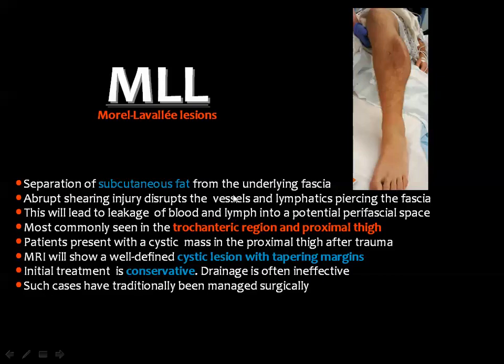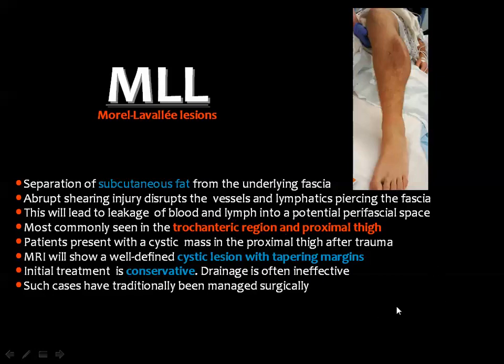Then this shearing mechanism will disrupt the vessels and the lymphatics, piercing the fascia, and consequently there is leakage of lymph and blood in the subcutaneous space, resulting in formation of a big cystic mass at the site of injury. The lesion is more common in the trochanteric region and the proximal side.